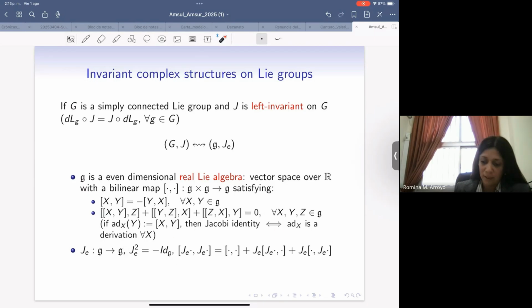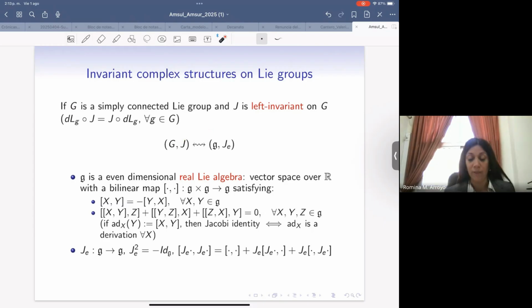But the good thing is that if you have all this information, then you can consider a simply connected Lie group with Lie algebra g, and you can construct a left-invariant complex structure using these left translations, L_g.